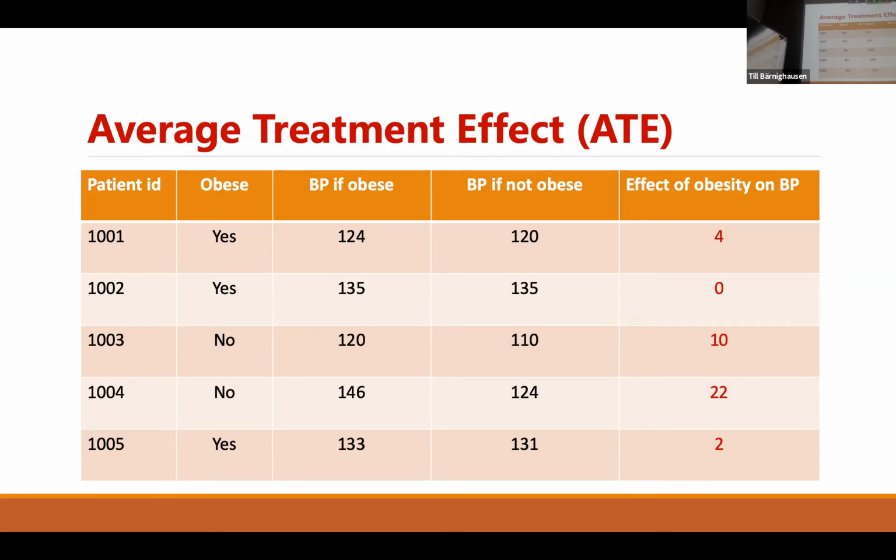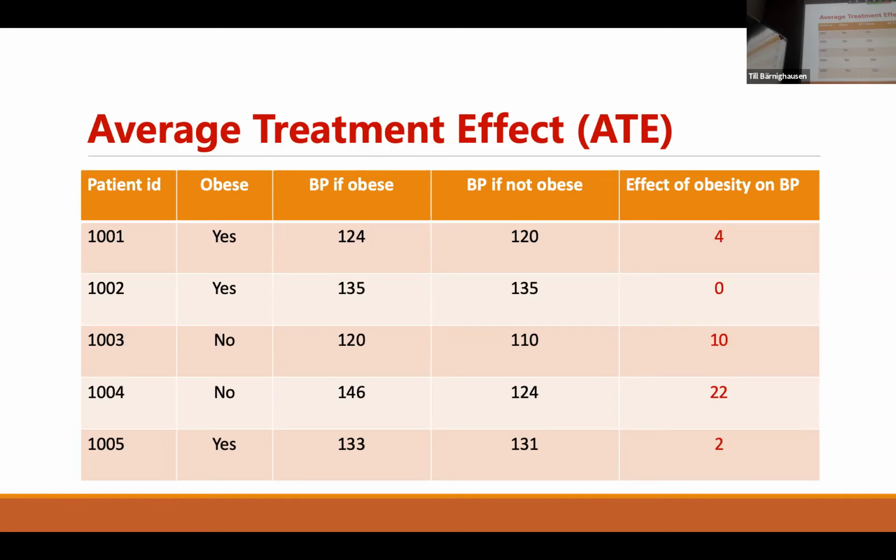We are making policies, making evidence-based suggestions on the population level, because we are focusing on population medicine, not precision medicine. So at the end, we want to calculate the average causal effect, the average treatment effect. We don't care about the causal effect for each individual. We just care about the average.